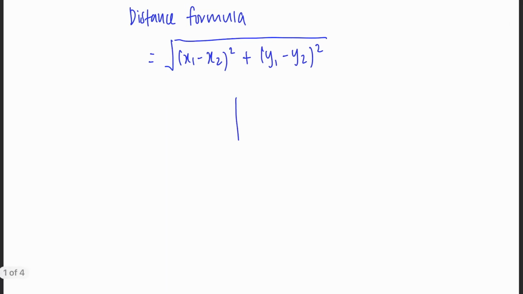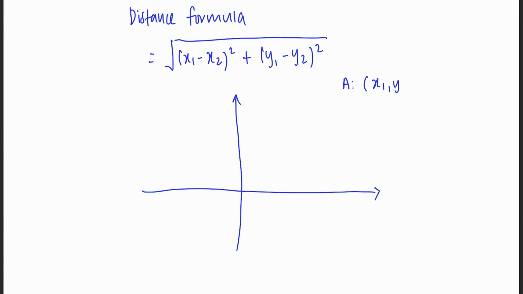With a picture diagram, we're going to use the diagram to explain the formula. So given the point A, which is (x1, y1), and B, which is (x2, y2). I'm just going to randomly plot 2 points on the xy axis.